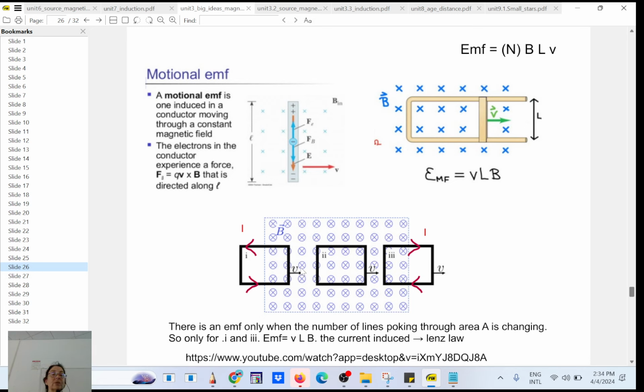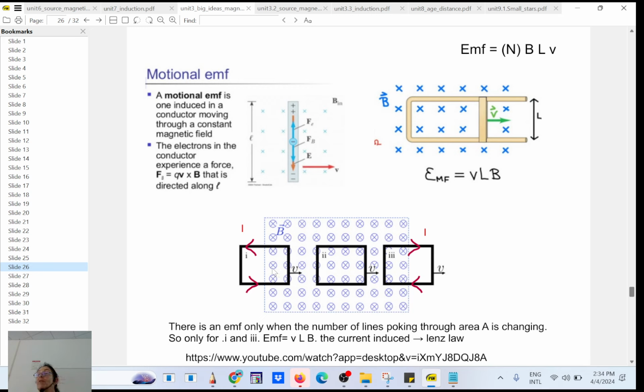I apply a force. And now what's going to happen to the magnetic field lines going through the membrane attached to this loop? The number of field lines poking through the membrane attached to this loop here, are they increasing, decreasing, or do they stay the same, as you pull the square through it? Increase, very good. It's going to increase, right?